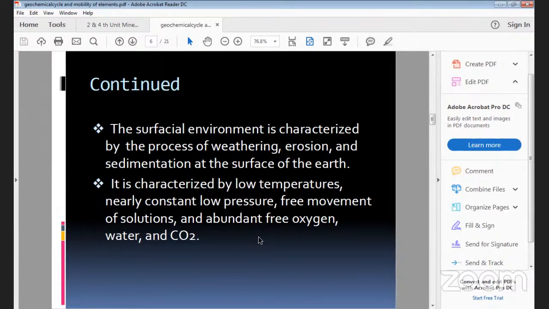So the sediments form layer by layer under the surface, and slowly it forms a superficial environment.